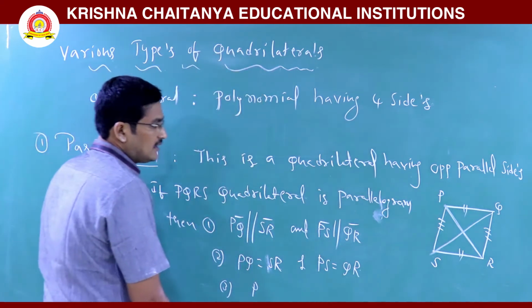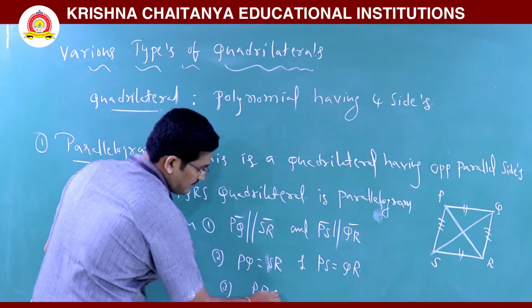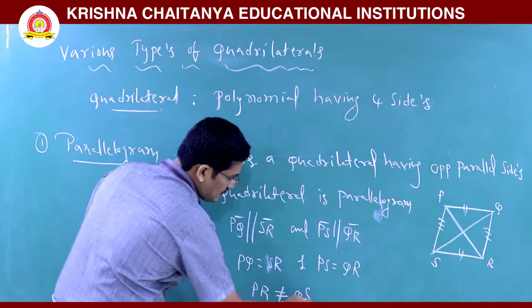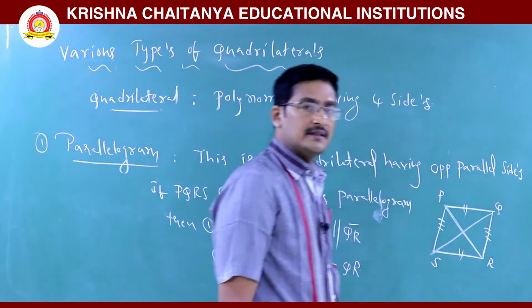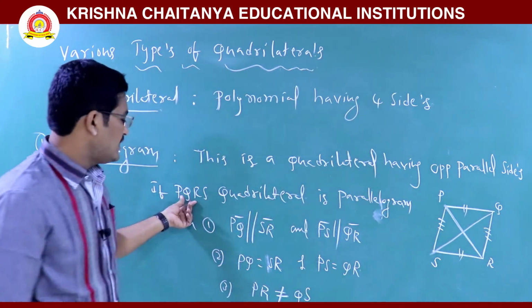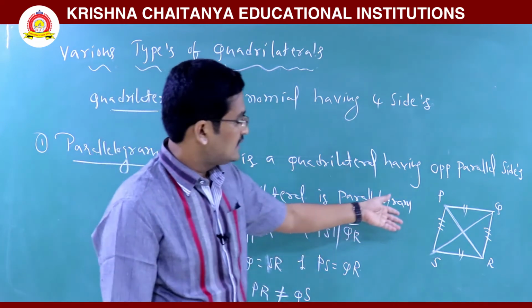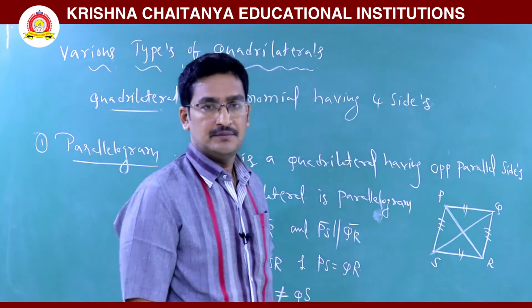So, the diagonals are not equal here. That means PR, one diagonal length, is not equal to QS. Okay, this length is not equal to this length. This PQRS quadrilateral follows these three conditions. Then you have to say that quadrilateral, that one has 4 sides, that quadrilateral is said to be parallelogram.